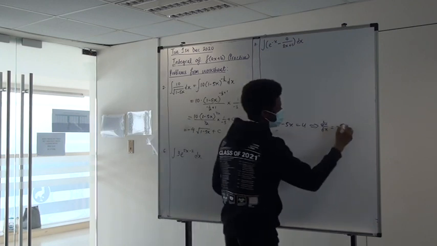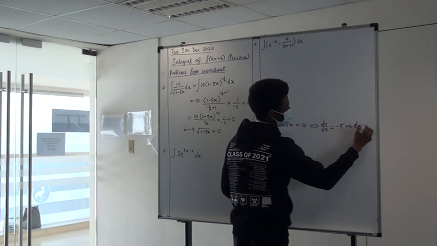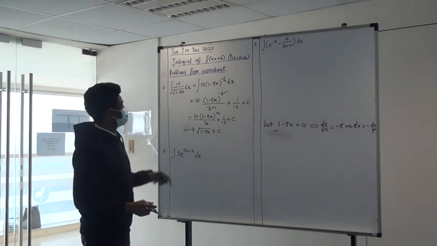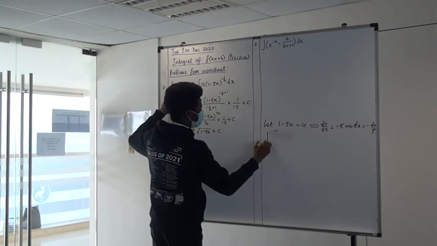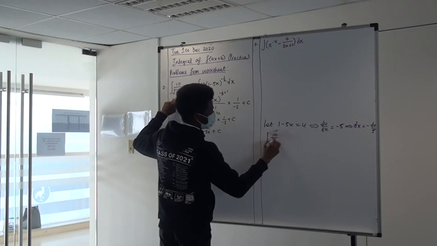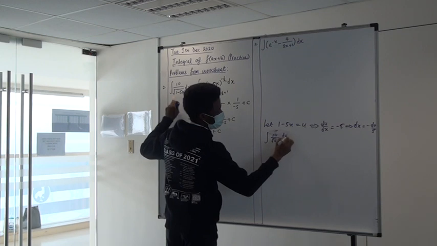So if you make dx the subject, dx is equal to negative du over 5, right? So this would have been the integral of 10 divided by square root of u, du over negative 5.